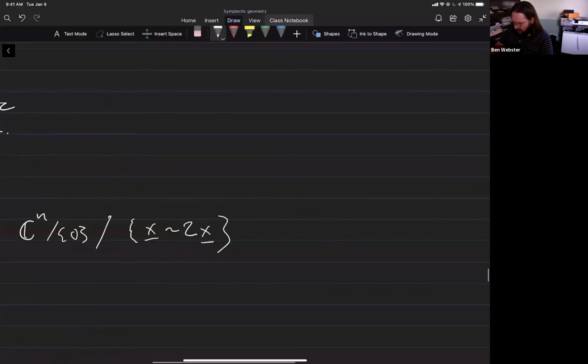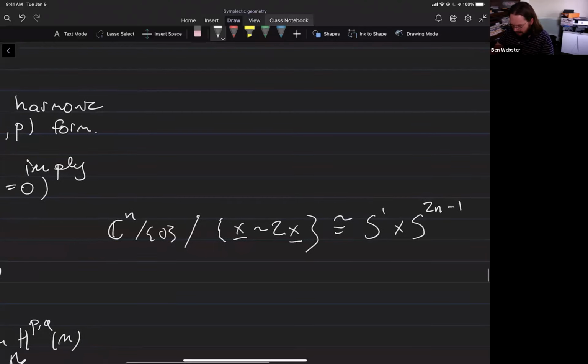Then I actually get a manifold which is homeomorphic to S^1 times S^(2n-1). Basically, I get a circle that comes from the radial direction, and then I get an S^(2n-1) from the unit sphere inside C^n. And this is not Kähler.